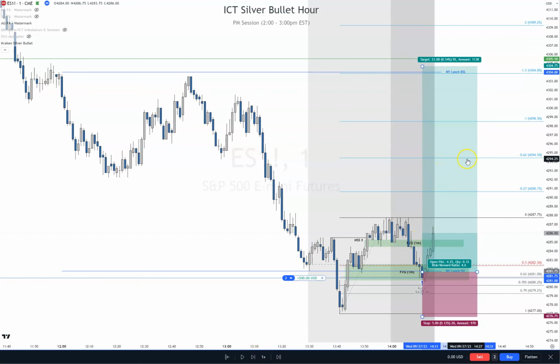If it goes above the 62% right here, I'll take a partial and move my stop to break even.